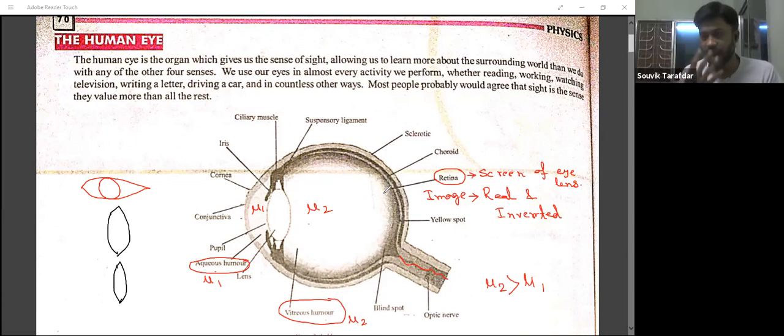My image and my voice, the light energy and the sound energy, are converted into electromagnetic waves and pass through the optical fiber.